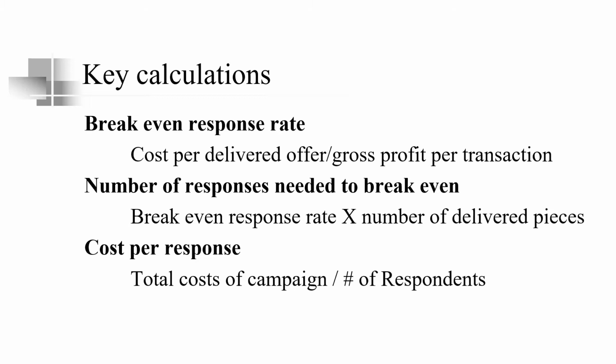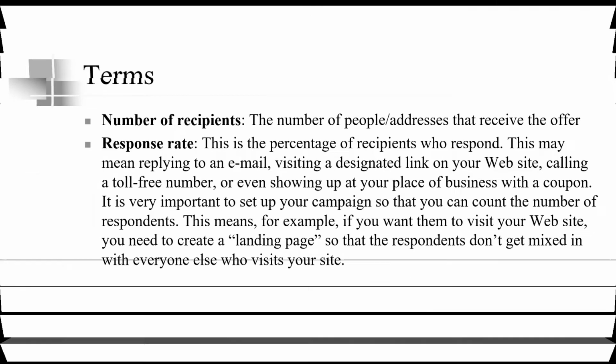The cost per response is the total cost of the marketing campaign in terms of marketing costs divided by the number of respondents who actually responded to the direct marketing offer.